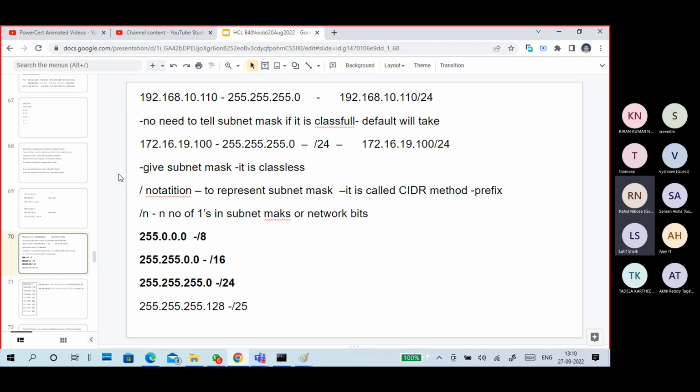If you change your subnet mask to divide a network into small pieces, or for some different purposes, it is a customized subnet mask. So that is called classless. Classless means if you are not using default subnet mask, that is a classless network. In a classless network, you have to tell compulsory. In default, sometimes it may not be required.